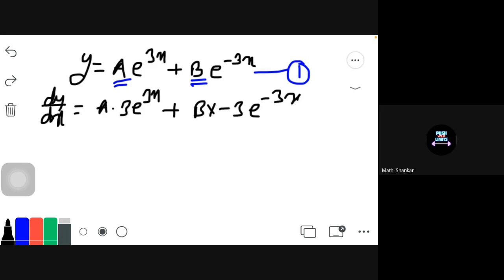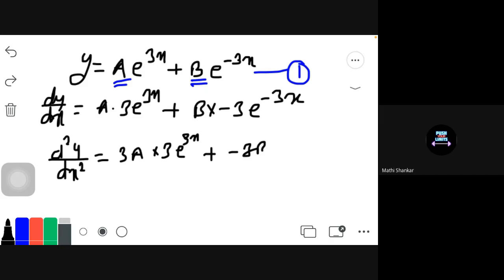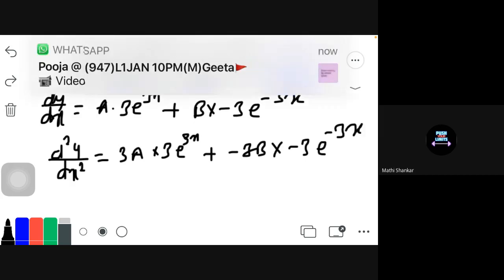I'll take the derivative once more because 2 times I will have to take, so I'll get d2y by dx square is equal to 3a. The derivative of e raised to 3x will again be 3 into e raised to 3x plus minus 3b into the derivative of e raised to minus 3x, which will again be minus 3 into e raised to minus 3x.